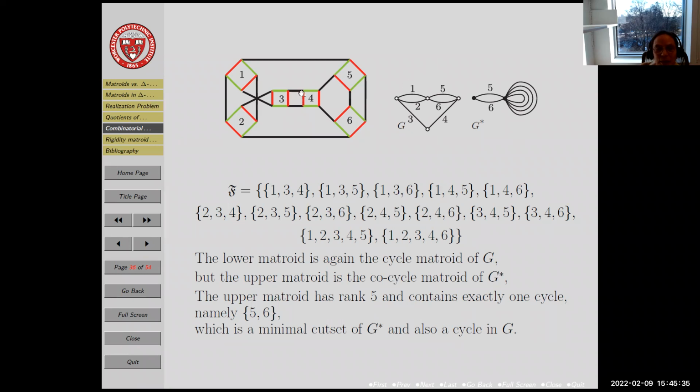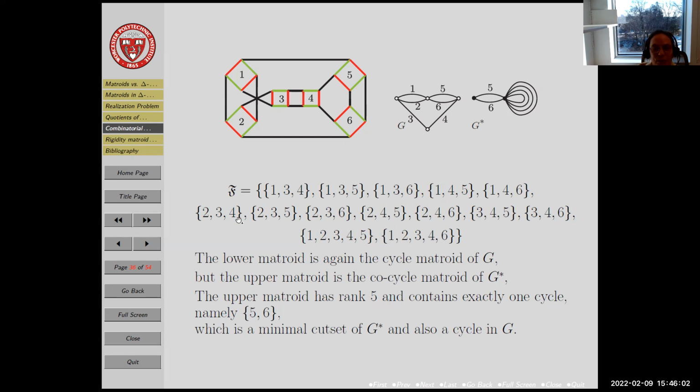And if I now play my feasible set game, then I do get elements of larger size. I get to 1, 2, 3, 4, 5, and 1, 2, 3, 4, 6. And that's sort of interesting. So the dual graph now only has 2 vertices and this shape, right? So this is the geometric dual.